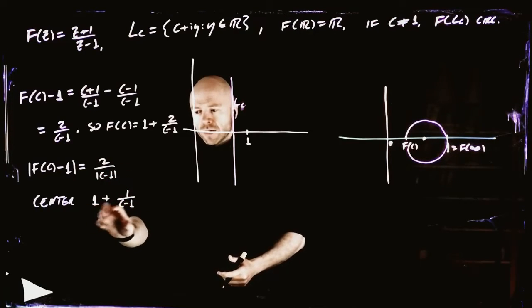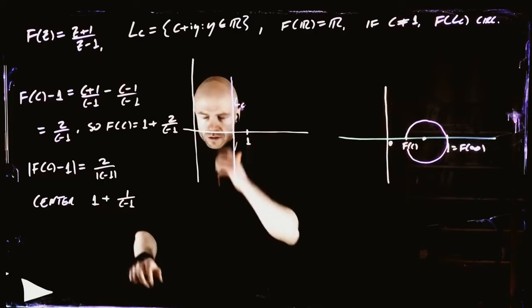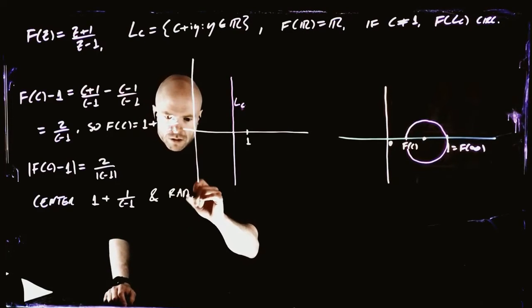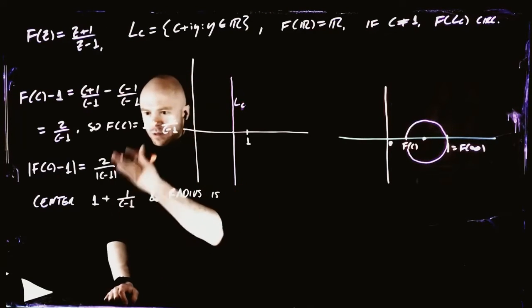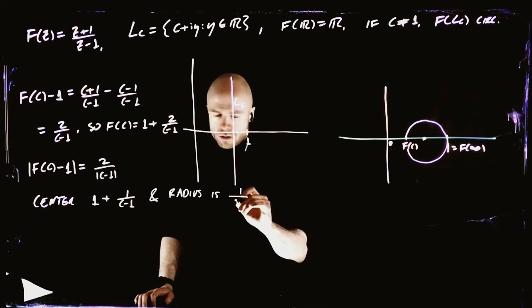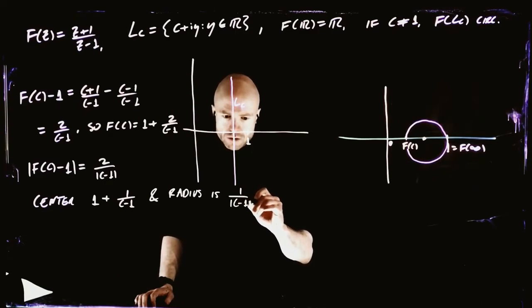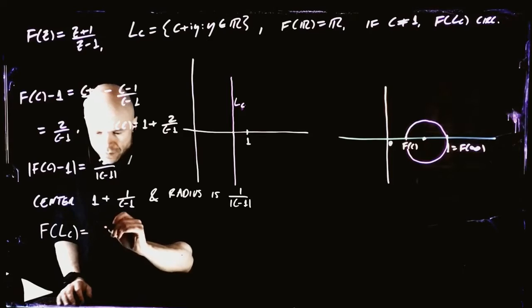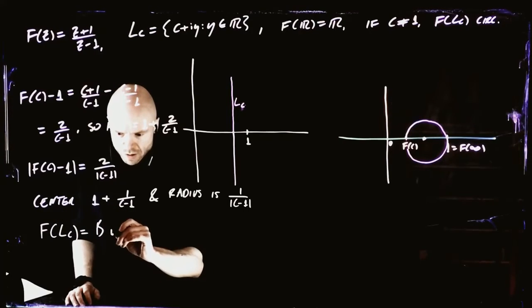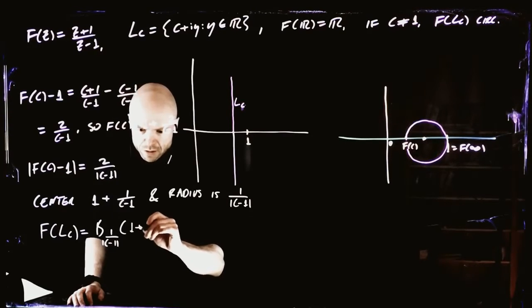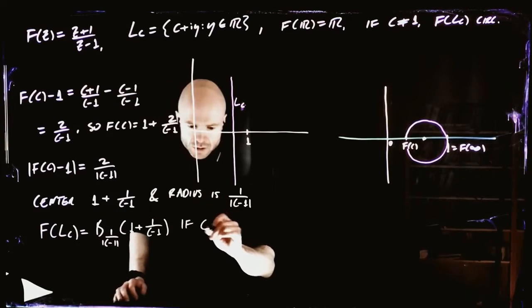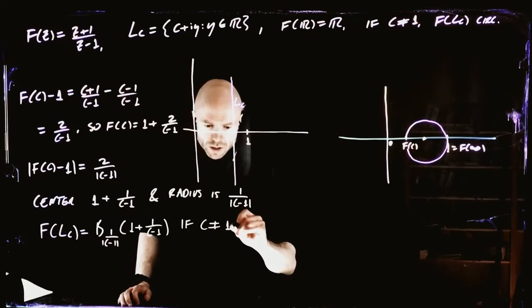So the center, whether c is bigger or less than 1, is always this thing. So center and radius: the radius is exactly half of this, which is 1 over the absolute value of c minus 1. So finally we can write that f of L of c is the circle of radius 1 over the absolute value of c minus 1, centered at 1 plus 1 over c minus 1, if c is not equal to 1.